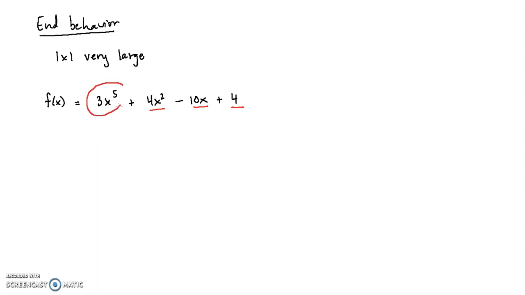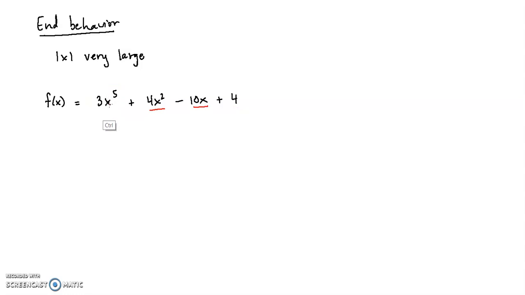This term is the one that really matters. So the first term starts to dominate, and the graph pretty much looks like 3x to the fifth.